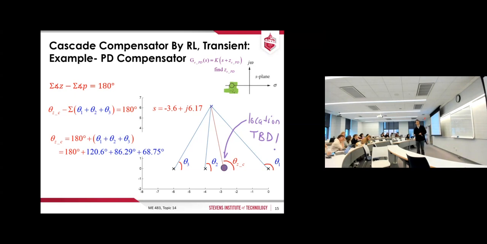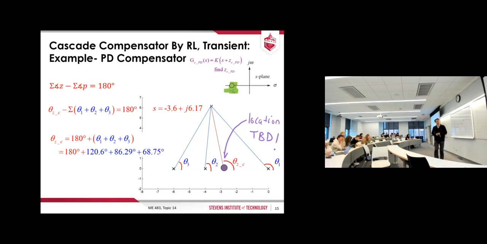That should be 93 point something. No, that is 86.29. In this way, theta 3 should be 68.75.